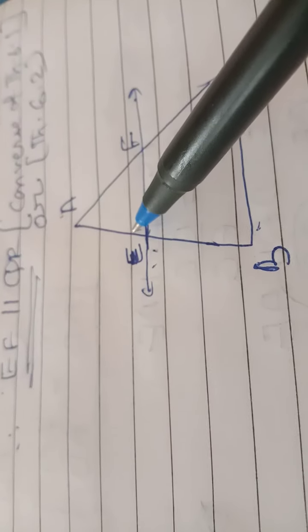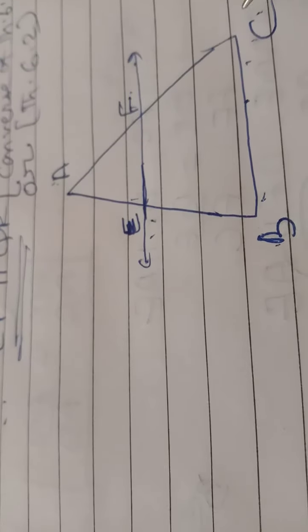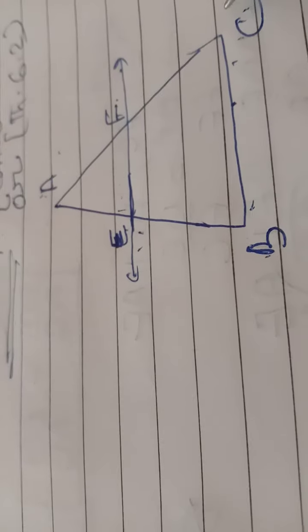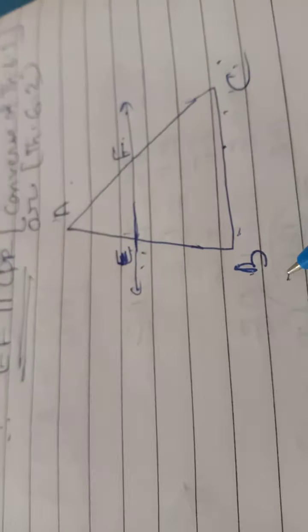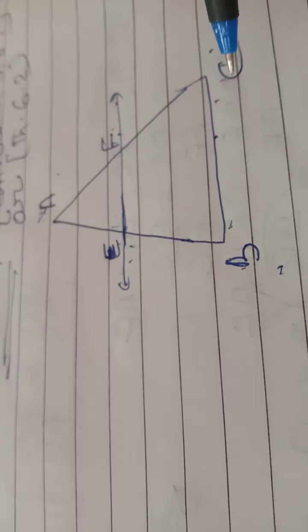Means if E is the midpoint of AB, then we have to prove that F is also the midpoint of AC. That is, EF is bisecting AC. Clear? That is our requirement. Our requirement is if E is the midpoint of AB, then F is also the midpoint of what? AC. Clear? That we have to prove.